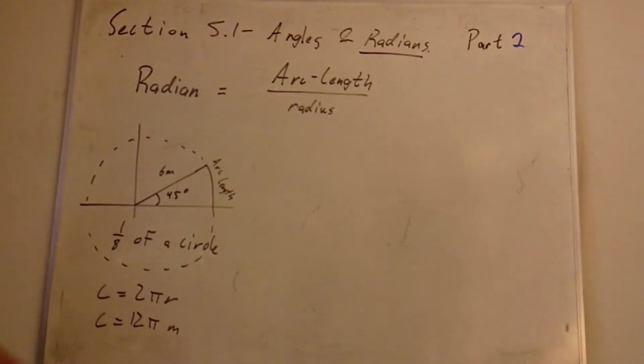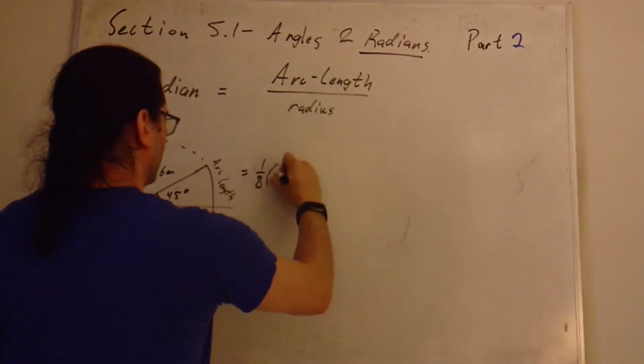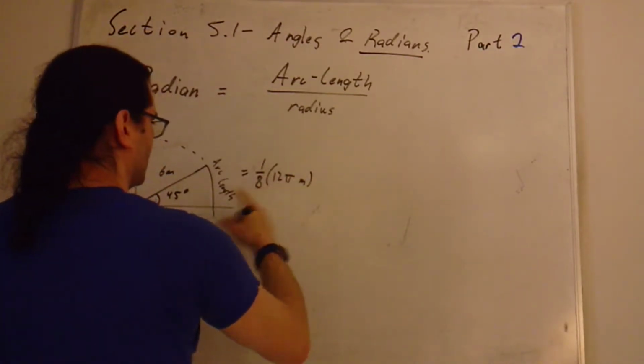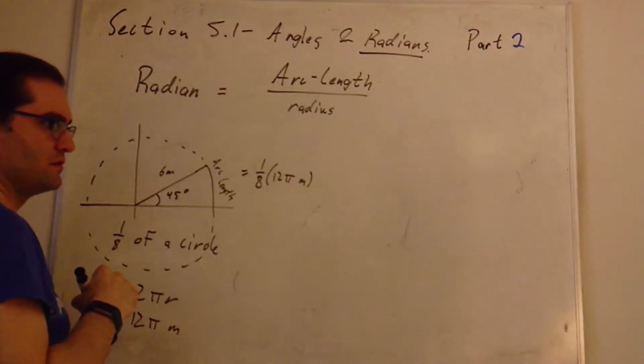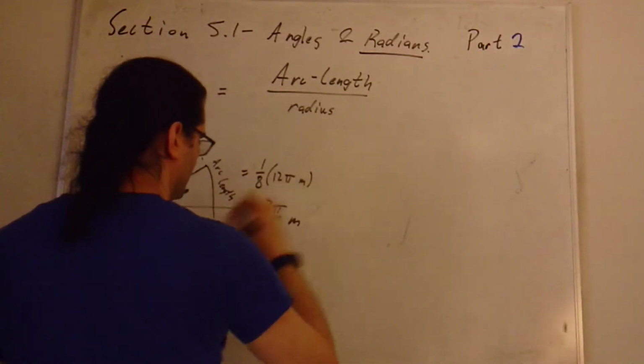So 1/8 of that, 12 pi meters, should give us 12 over 8, which is 3/2. 3 pi over 2 meters.